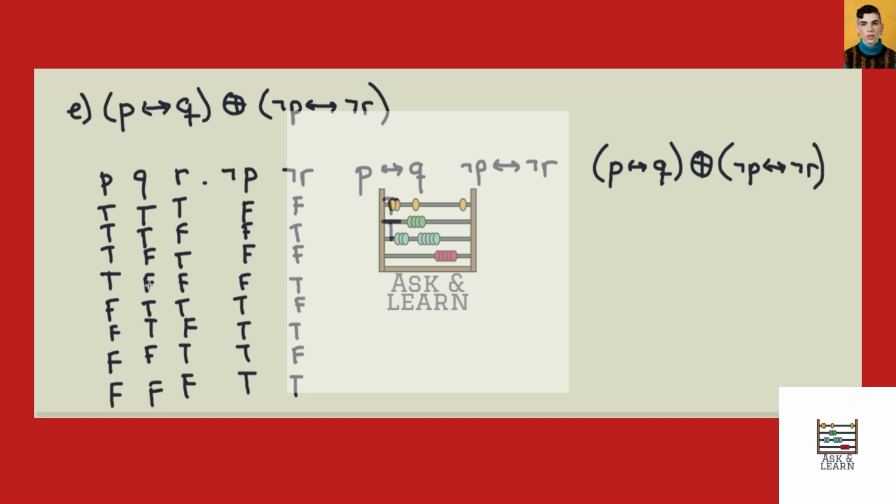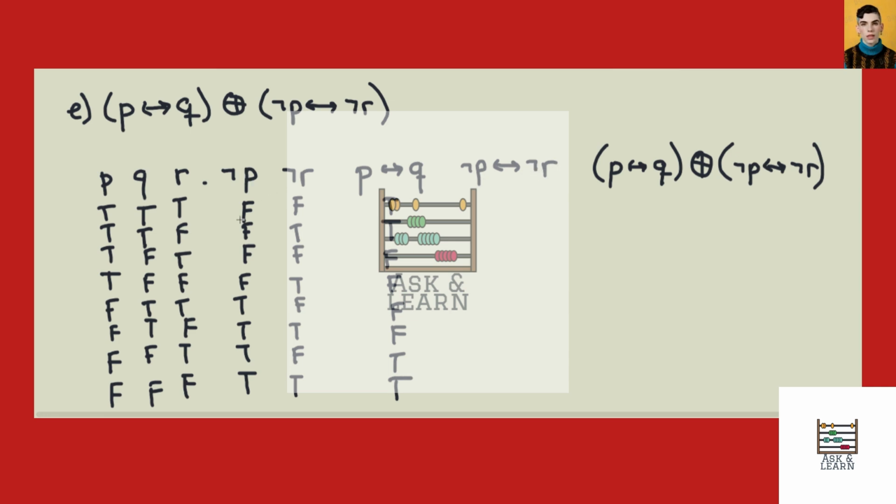Second, third, fourth, and fifth rows, they differ, so those will be false. And then the last two rows are the same. They're both false, so that would be true. True, true.